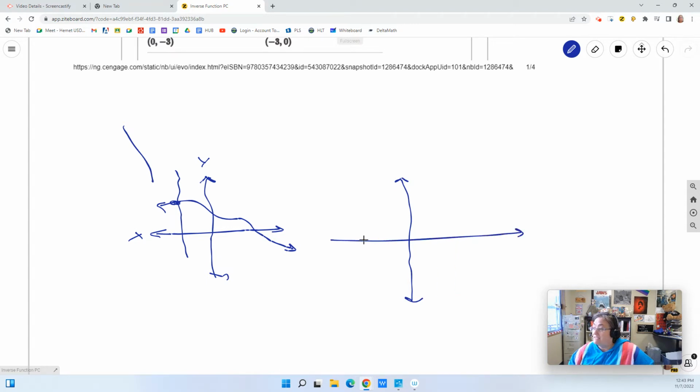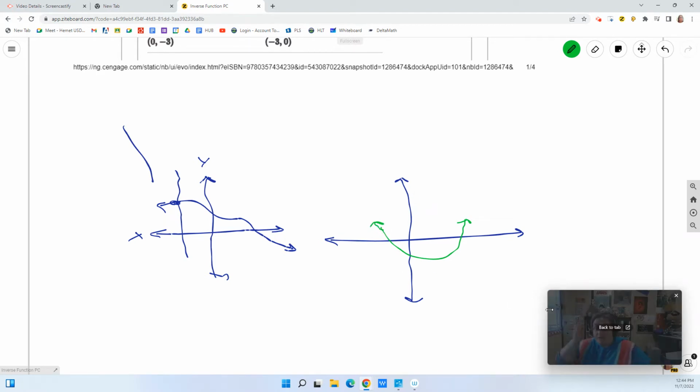So what I'm saying is, say I have graphed the function, I don't know, like some parabola, right? Something like this, right? Perfectly good function. Anywhere I drop a vertical line in there, right?